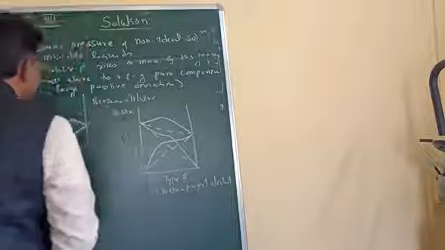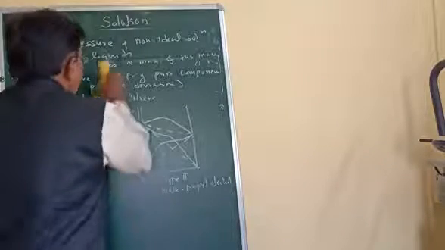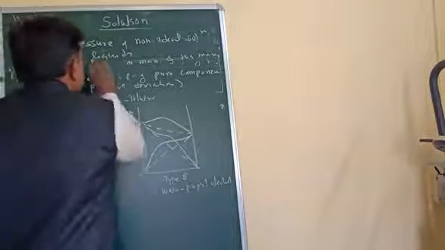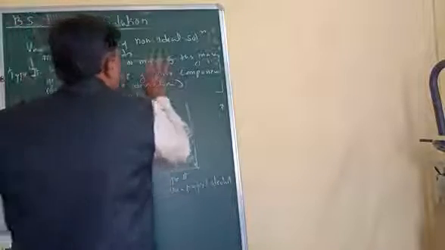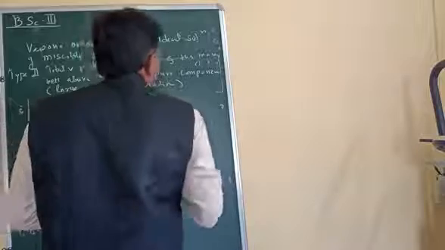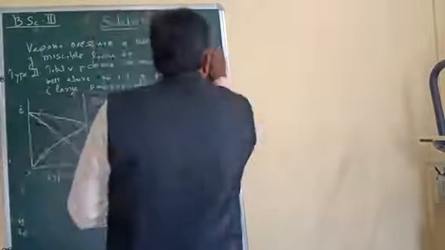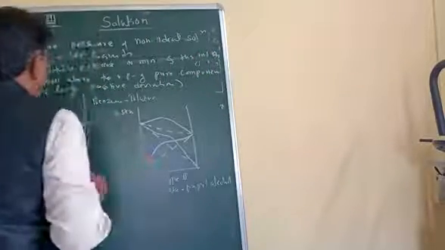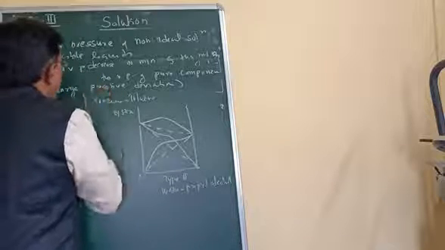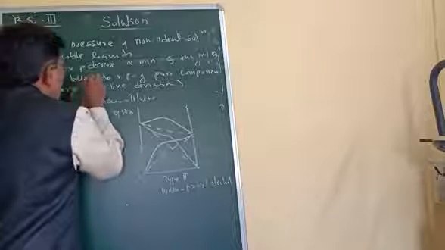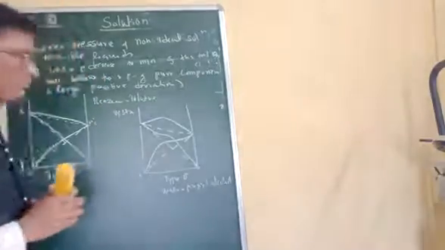Type 3, total vapor pressure decreases to a minimum, and this minimum is well below the vapor pressure of pure components.